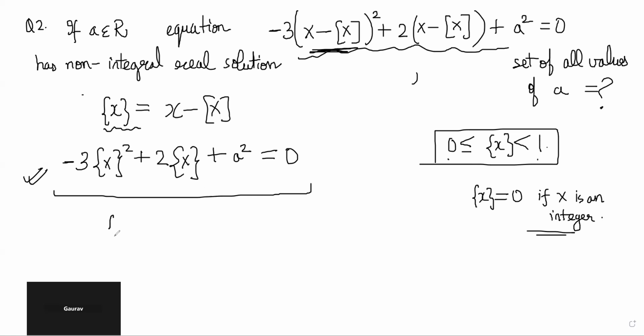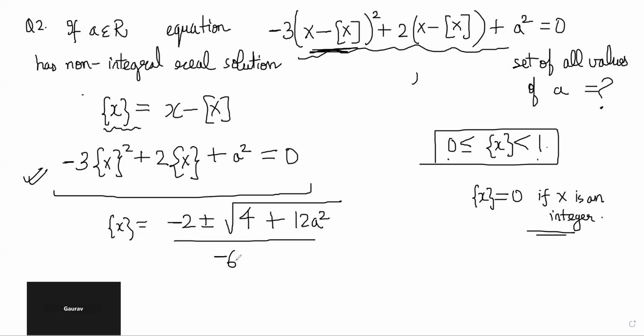The solution of this quadratic will be minus b plus minus root over b square minus 4ac, so plus minus root over 1 plus 12a square divided by minus 6. So you can cancel 2.